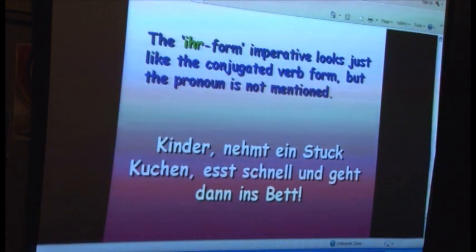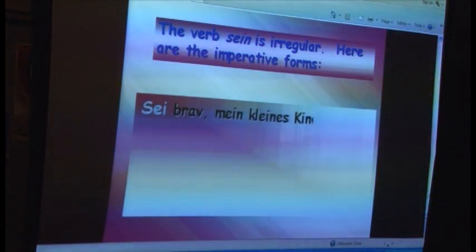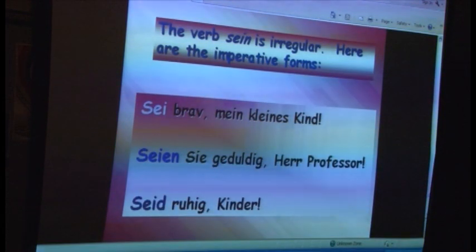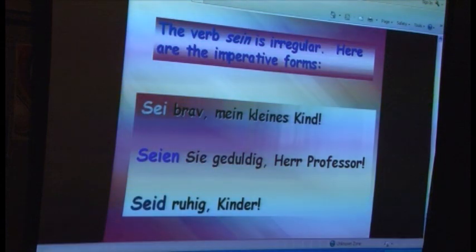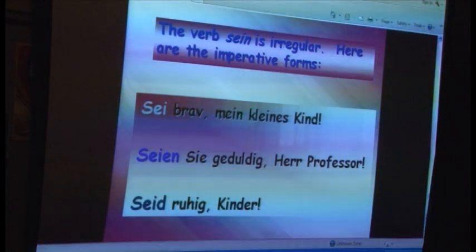Okay? Good. And the verb to be is always, always different. We know that. The verb to be is always irregular. So instead of what we have studied, ich bin, du bist, er ist, wir sind, ihr seid. Seid is the one that's regular. Ihr seid is the plural form of to be.